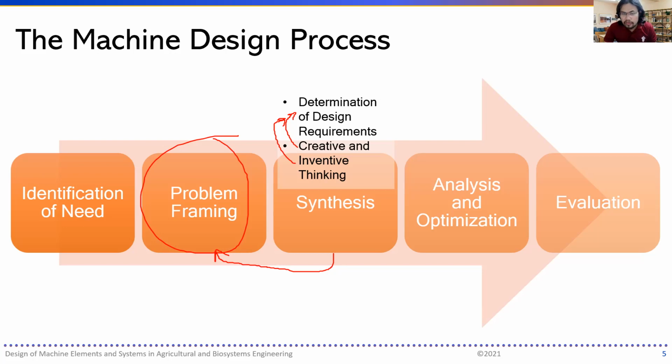But before we go to the full iterative process, or the machine design process, let's first go to the next step, which is analysis and optimization. Now, again, there has to be a definite solution. They're not the only solution, but when we say analysis and optimization, there's the need for a realistic optimal solution to the problem. And that's accomplished using the steps of engineering computations and simulations, if that is available.